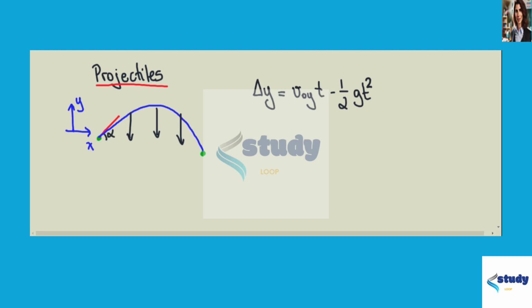Okay, and in the x direction, the movement will be just the movement of a uniform motion. So it's equal to v0x times t. Now notice that if v0 is the initial speed, then the initial velocity in the x direction is v0 times cosine of alpha, while the initial velocity in the y direction is v0 times sine of alpha.